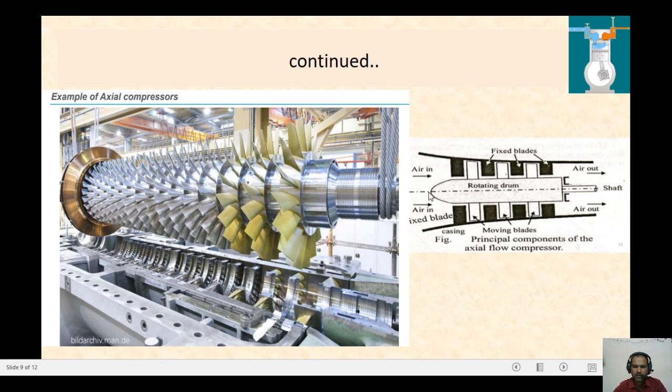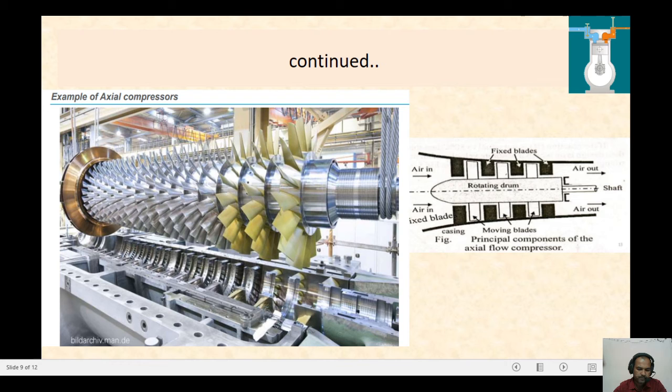When the air enters the chamber, kinetic energy is induced, and this kinetic energy is converted into static pressure. Got it? So when atmospheric air moves inside the chamber, the kinetic energy is converted into static pressure.